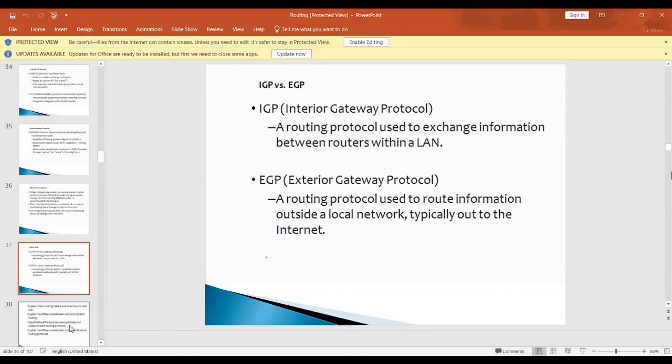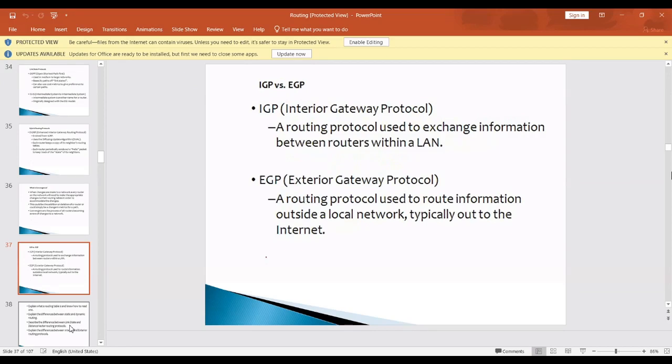For the time being, we'll look at these two types of protocols. If routing protocols are running only under a single administration or within an autonomous system, they come under the interior gateway protocols.